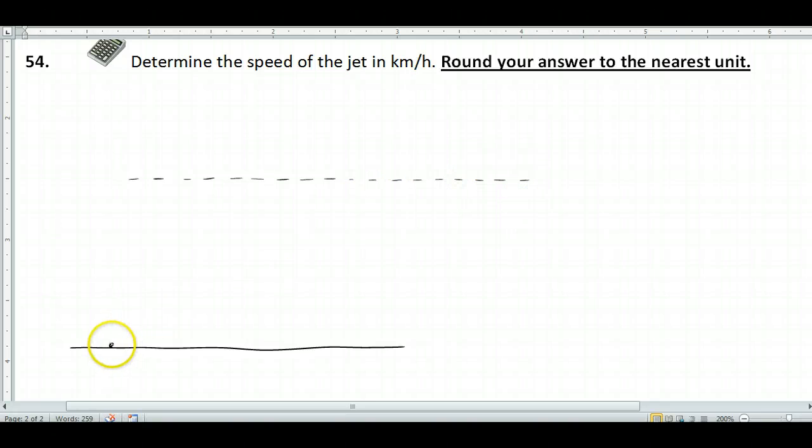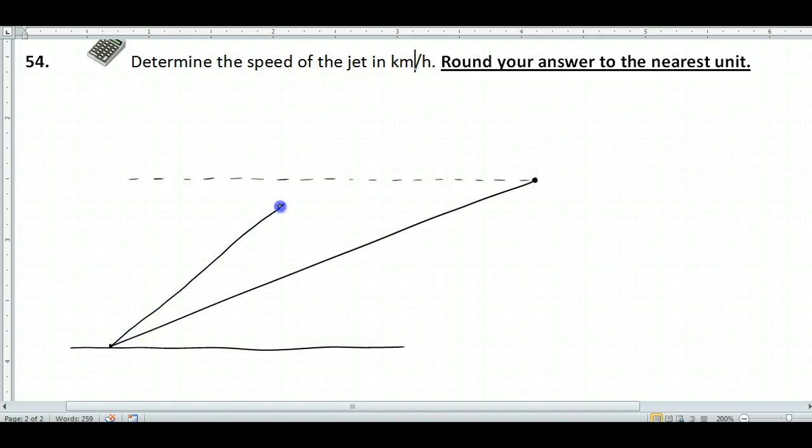Here's the first position of the plane, and here is the second position of the plane. This is the distance that the plane flew within 2 minutes. We just know the time, which is 2 minutes, right?